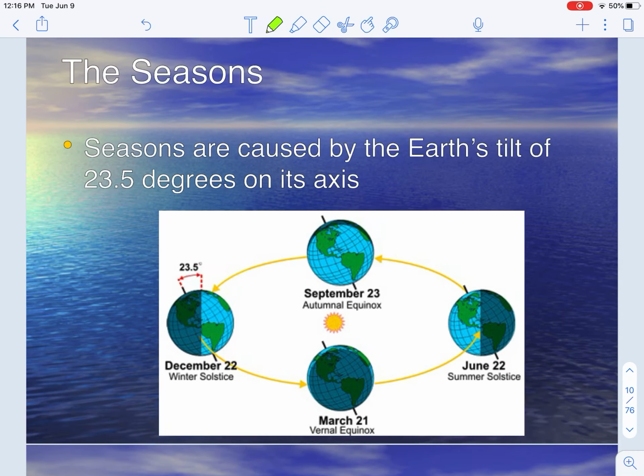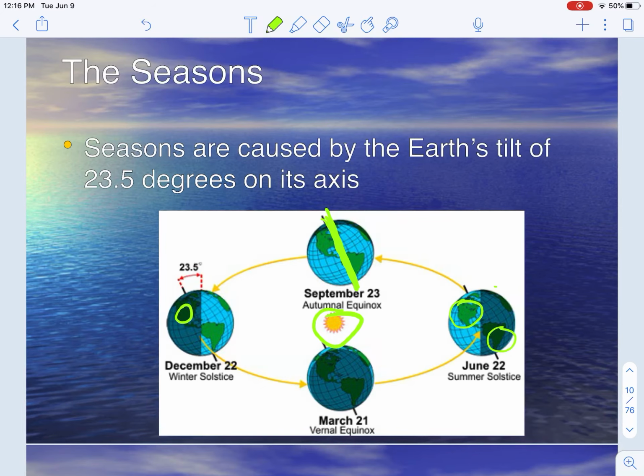Okay, so let's look at the seasons next. Seasons are caused by the fact that Earth is sitting on a tilt on its axis, and so it rotates on a tilt. Sometimes we are tilted towards the sun, and that is when our northern hemisphere is in summer, and the southern hemisphere, like Australia, would be in their winter.